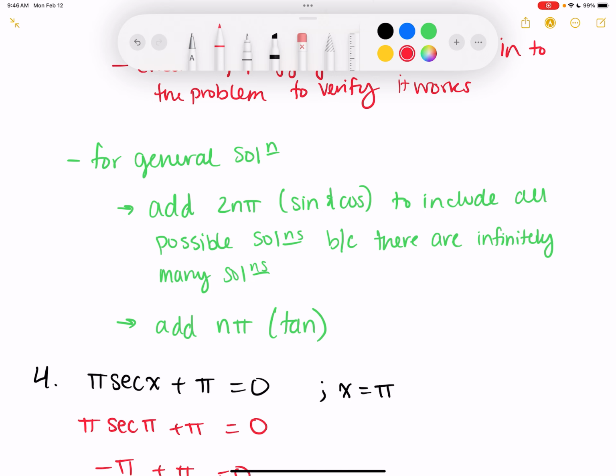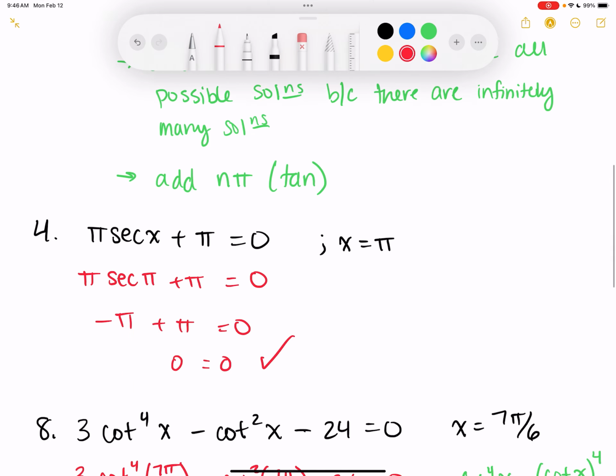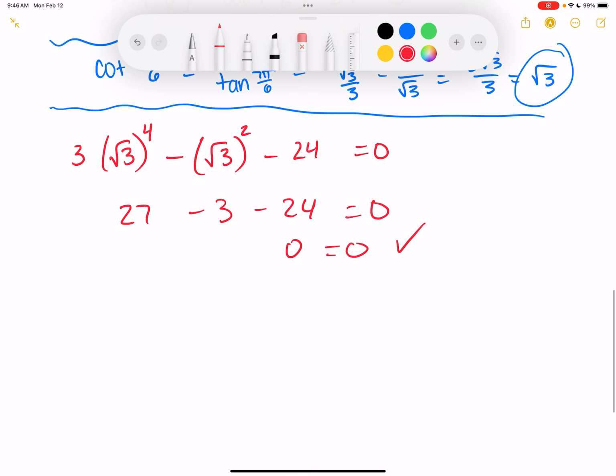So, number 10, square root of 3 cosecant of x plus 2 equals 0. So I'm trying to solve for x.